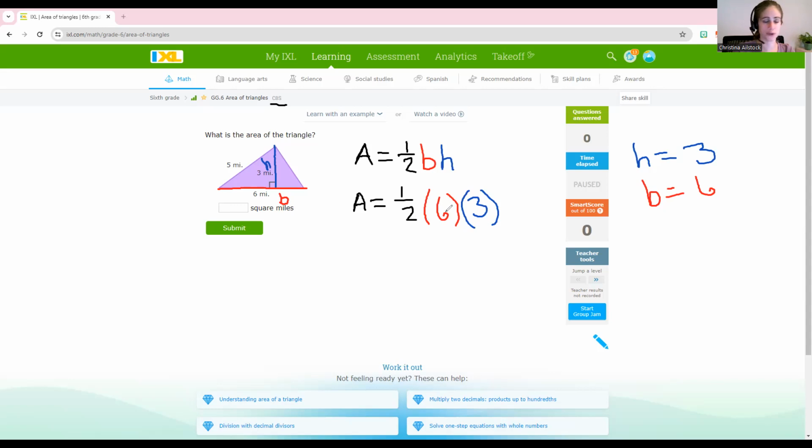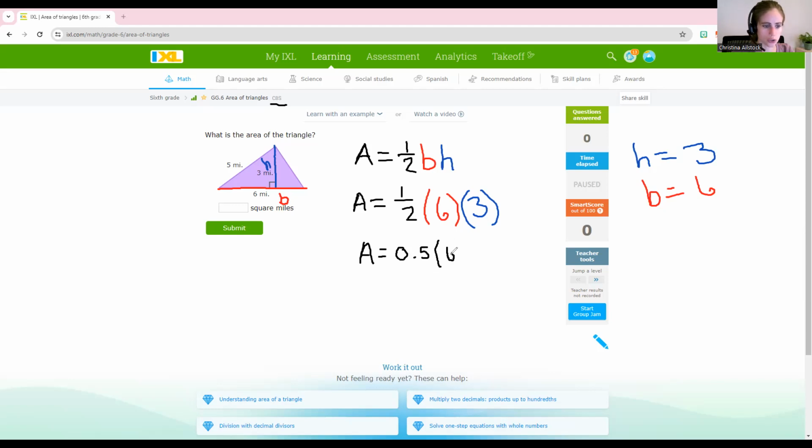But if you don't want to do that, or if you have numbers that are a lot larger and it's more difficult to do, you could turn that fraction into a decimal because then you're able to put it in your calculator. So 1/2 as a decimal is 0.5.